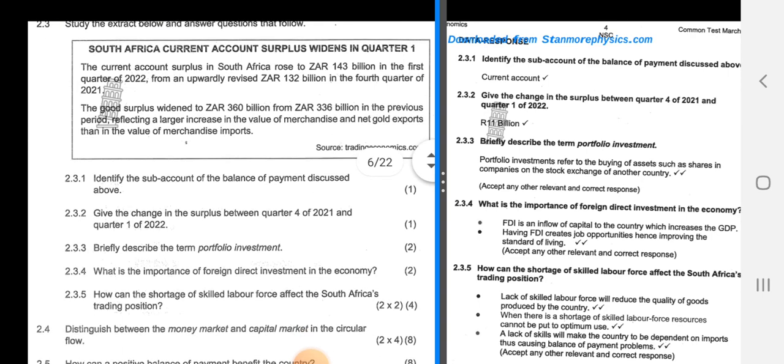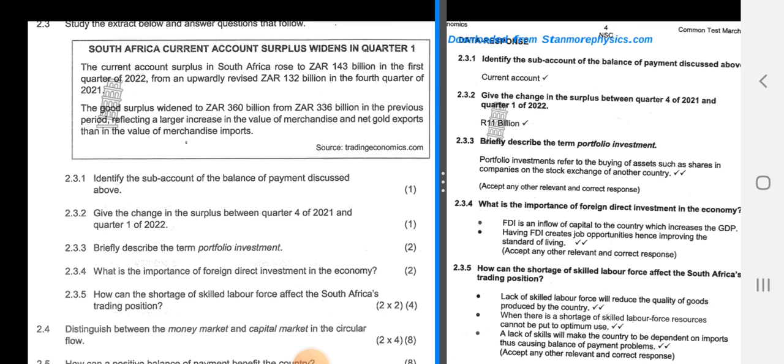And then 1.2.3 says give the change in the surplus between quarter 4 of 2021 and quarter 1 of 2022.